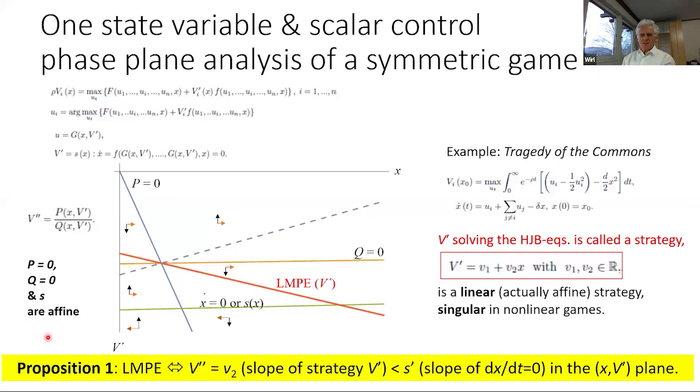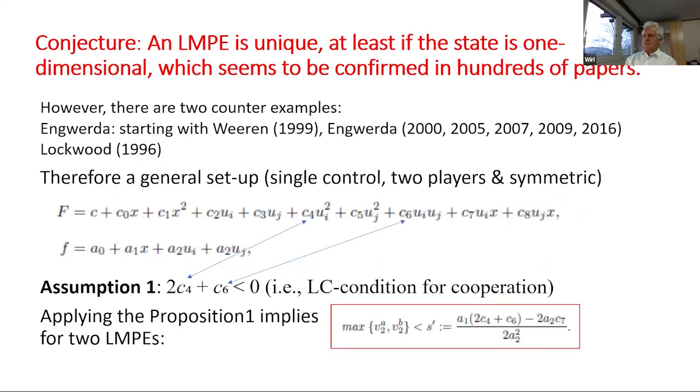And in fact, I've done this in special cases, for example, where I have hyperbolic absolute risk aversion. So this could be done, but our focus here, it's already complicated enough, at least for me, is on linear quadratic games. Okay. Thank you.